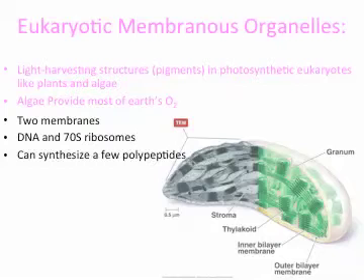So any photosynthetic eukaryote like a plant or an algae would have these structures, and they would be making oxygen for most of the earth.